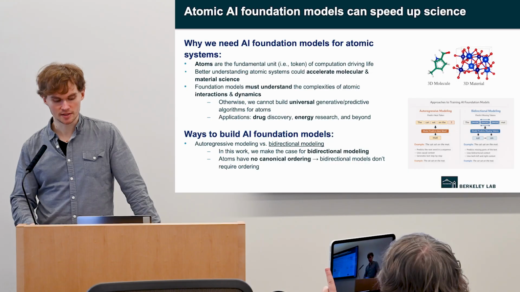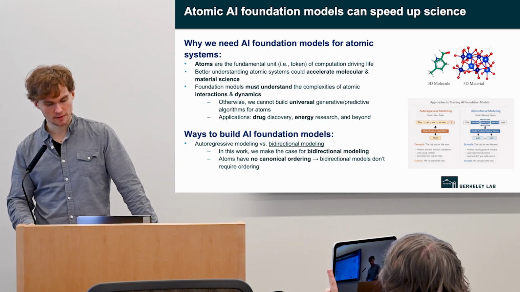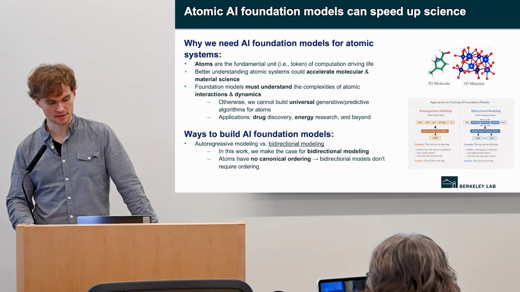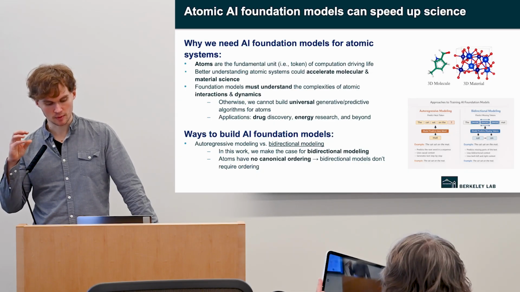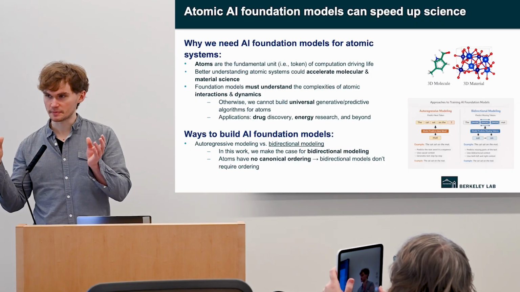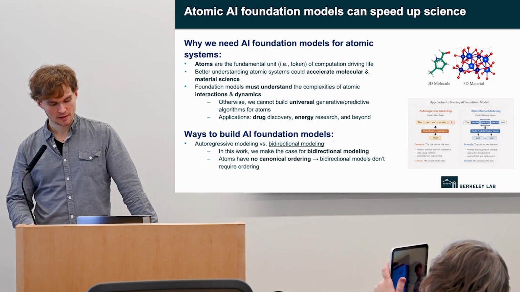So in this work, we're going to focus on chemical systems, so molecules and materials. What would it take to build a foundation model for molecules and materials? The way we look at that is we want to understand how we represent the data. In this work, we're going to argue for breaking down the representation of molecules and materials as atomic systems with 3D points in space and types of atoms, for example, element types attached to them.